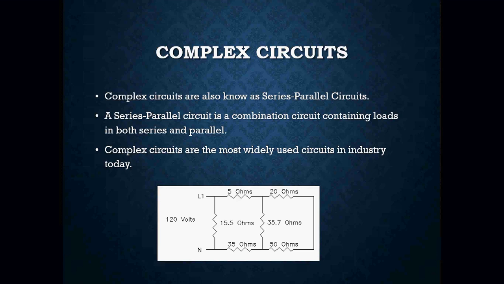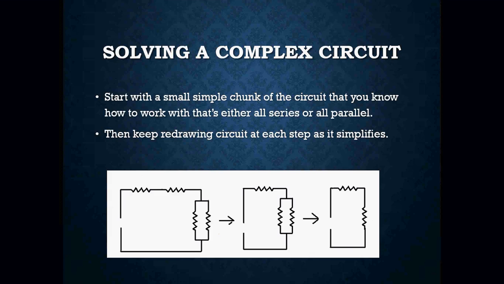But what we can do is take circuits like this and break them down into simpler circuits to figure out the values that we're looking for. The easiest way to do that is to start with small, simpler chunks of the circuit that you know how to work with, that's either all series or all parallel. And then as you do that, you're going to redraw that circuit for each step as it simplifies.